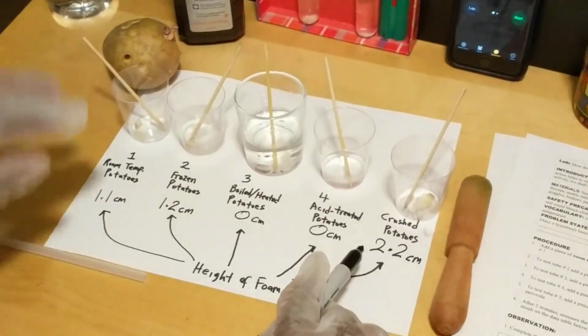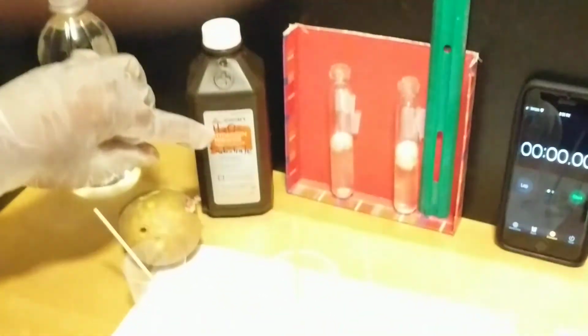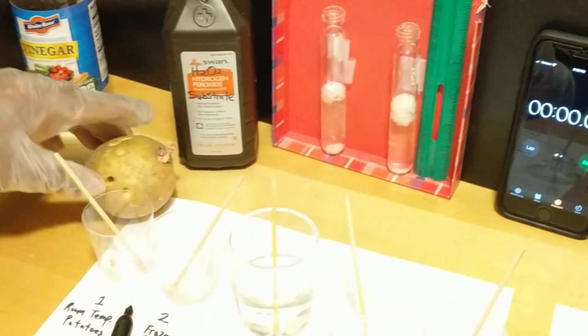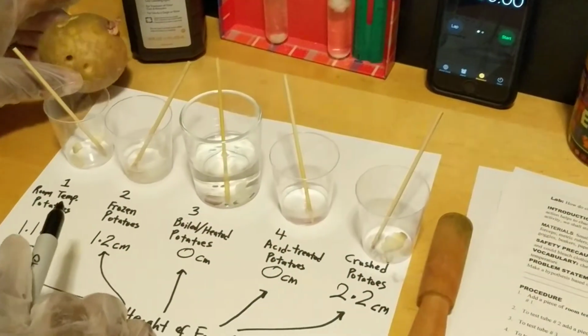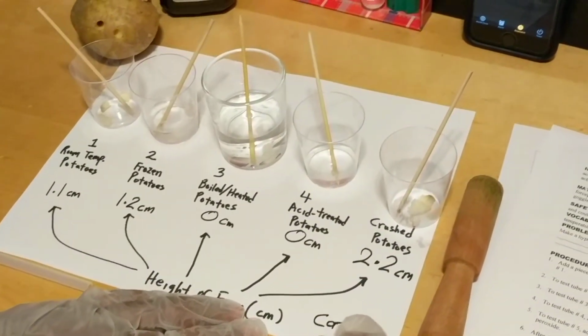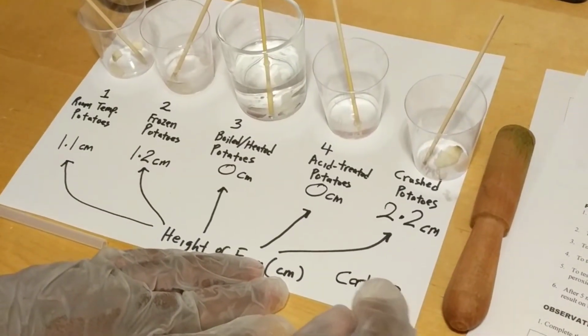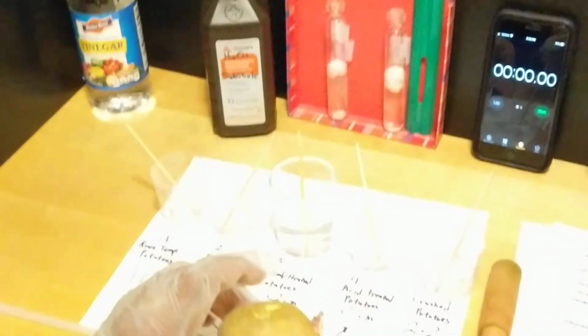So our substrate is hydrogen peroxide. The formula is H2O2, and our potato contains the enzyme catalase. Catalase, the enzyme, can be found in all living things, including potatoes.